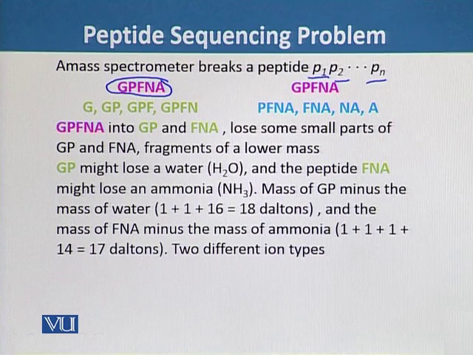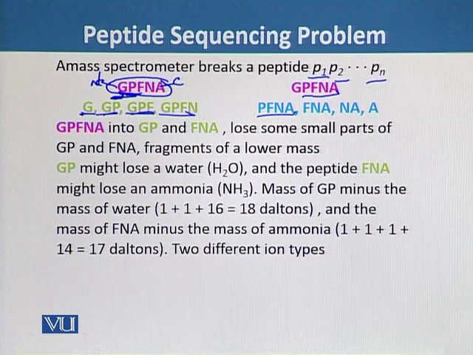The peptide may be broken into N-terminal peptides: the smaller fragments will be G, then GP, then GPF, GPFN. If it is broken from the C-terminal, the peptides will be PFNA, then FNA, then NA, and then A.